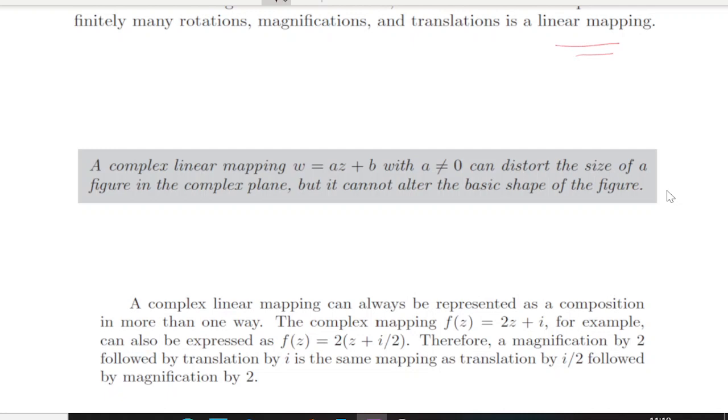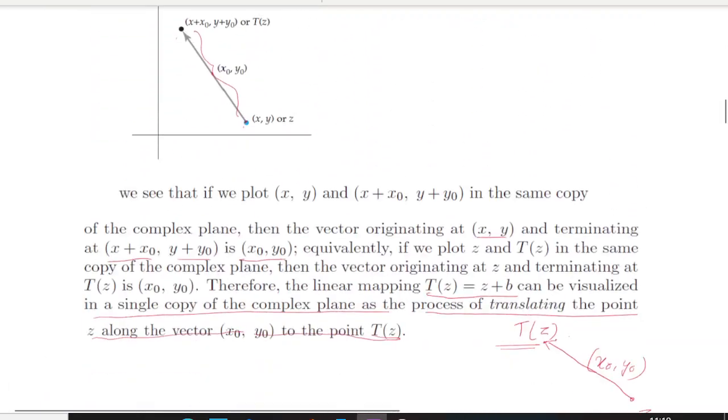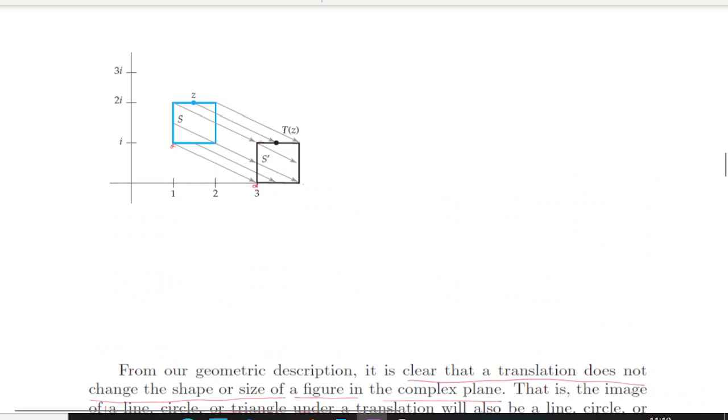Next one, a complex linear mapping W equal to AZ plus B with A not equal to 0 can distort the size of a figure in the complex plane, but it cannot alter the basic shape of the figure. What does this mean? In the previous class we have seen that when you took the mappings, it was a translation.